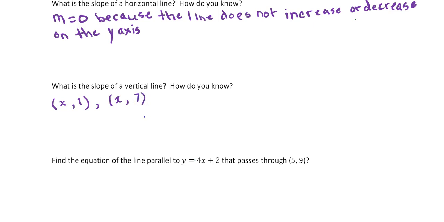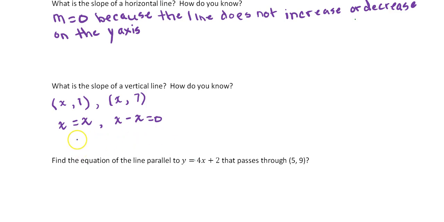Whatever this x value is, it's the same value for both places. So I have x equals x, so when I say x minus x, that's going to give me a 0.